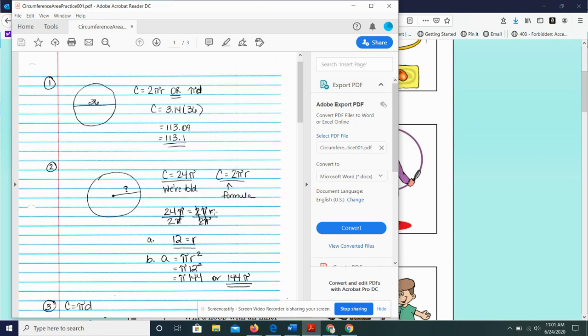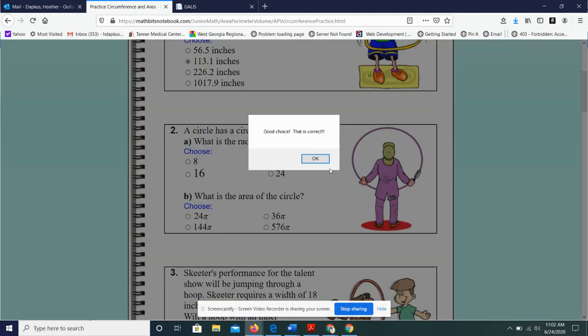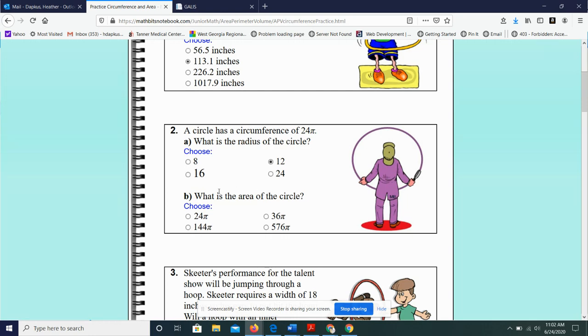Since we are solving for r, we want to get rid of this 2 pi. So I divided that side by 2 pi, and I'm dividing this side by 2 pi. The pi's on both sides cancel out. Those 2's cancel out, and 24 divided by 2 is 12. So 12 equals r. Our radius is 12, and that's correct.